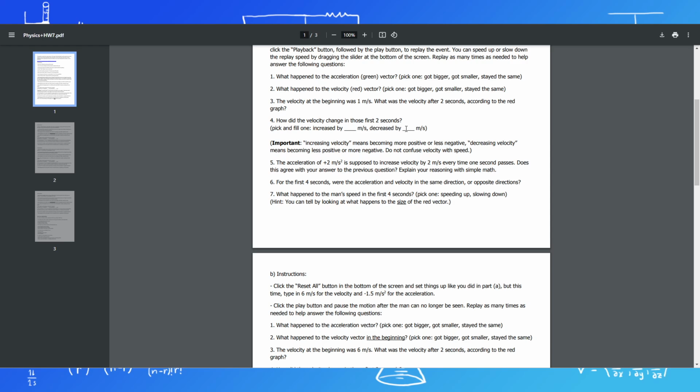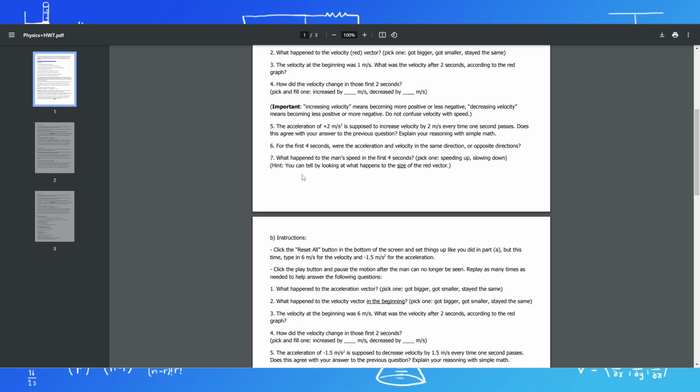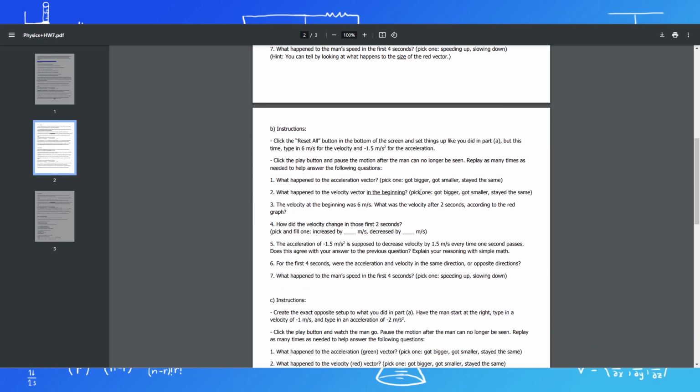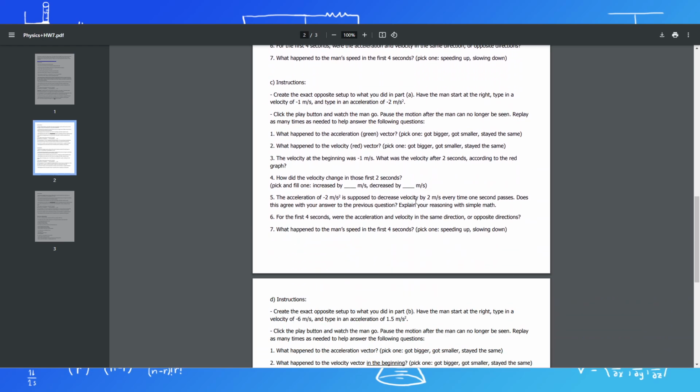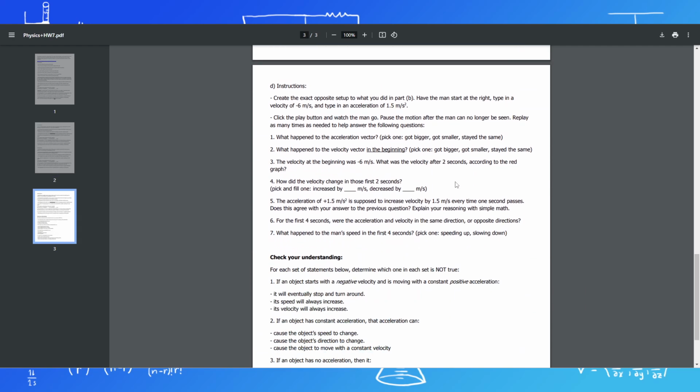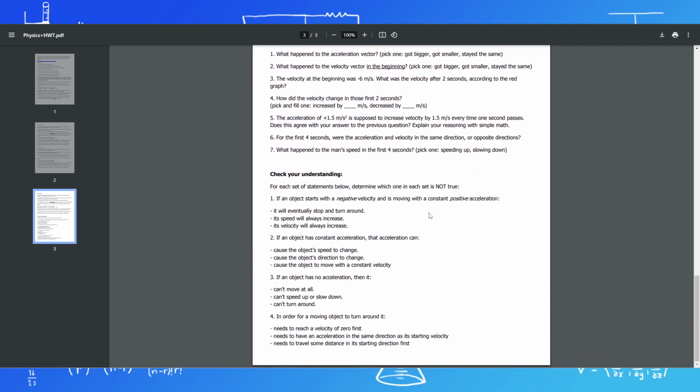It would have gone from 1 meter per second to 5 meters per second, so it increased by 4 meters per second. Yeah, I don't think I need to go over all of this stuff for you guys. I mean, if you want to ask questions in the comments or anything like that, you can. But I'm pretty sure most of this is self-explanatory and easy to do.